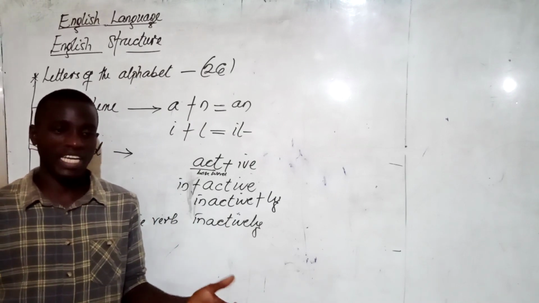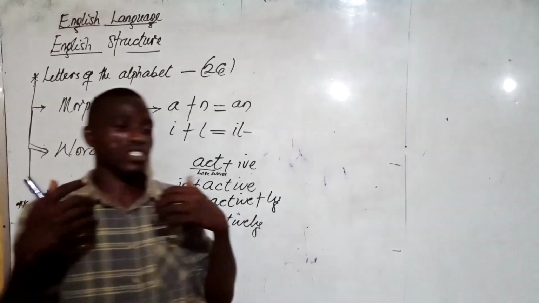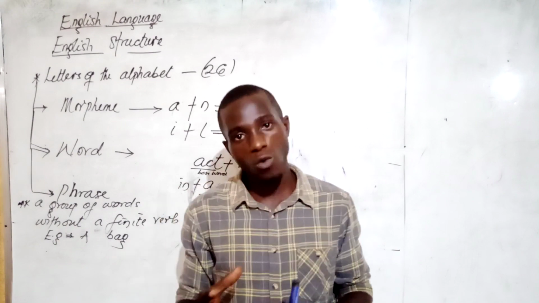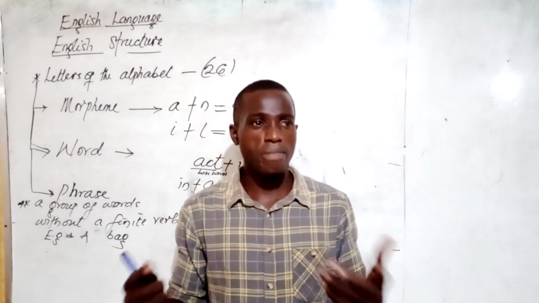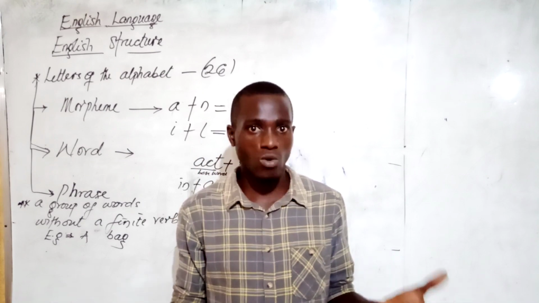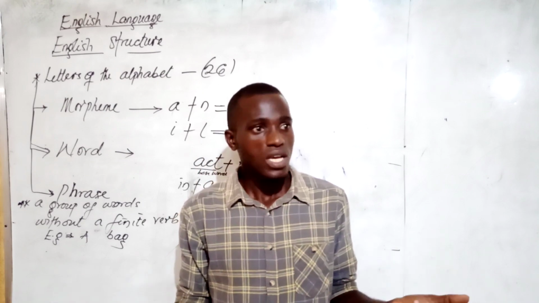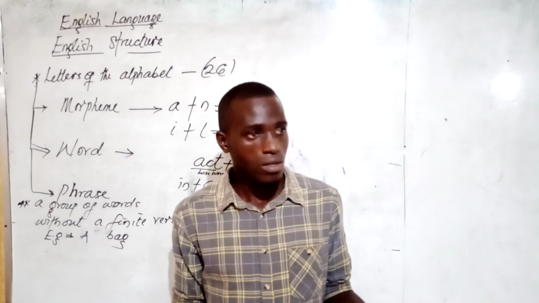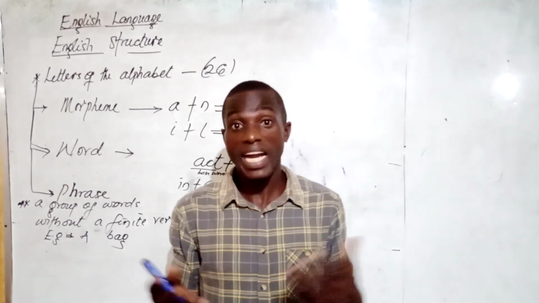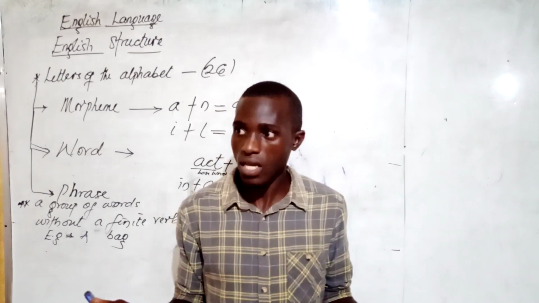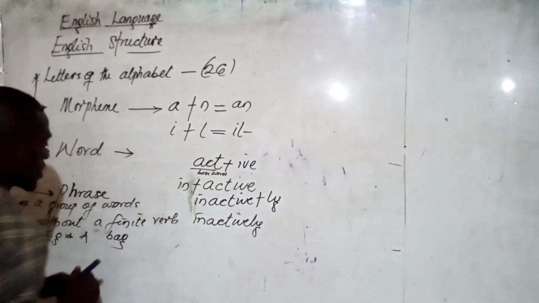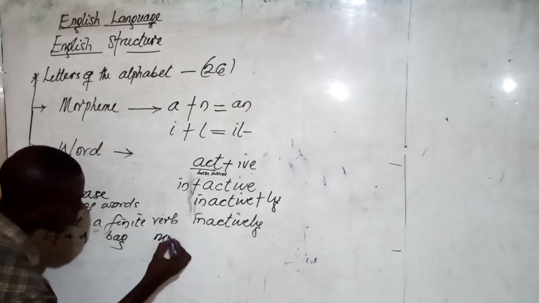When you hear a bag, you are bewildered. What happens to a bag? What do I have to do with a bag? You see, the information is not complete. So I could just say a bag, and you would be dumbfounded, like, okay, so what do I do with a bag? All right, so this is called a noun phrase.